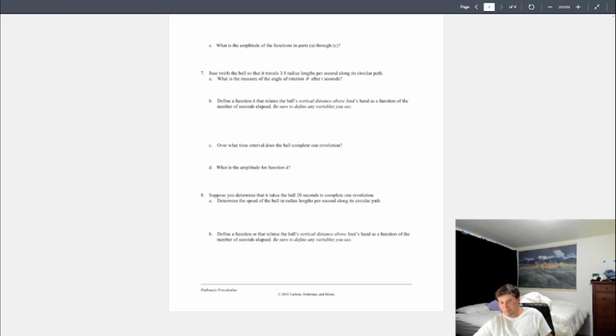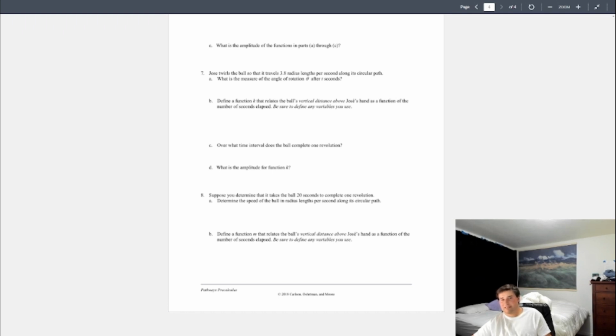I'm gonna go with 0.313, just for shits and giggles. 0.313 radius length per second times 20 seconds, 6.26. Okay, I feel like that is close to 6.28.